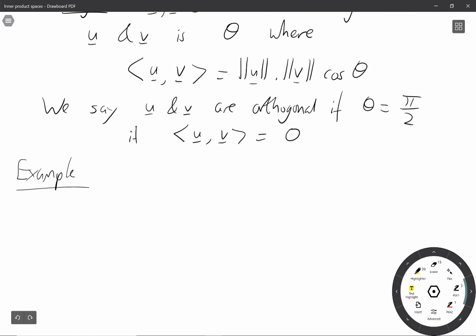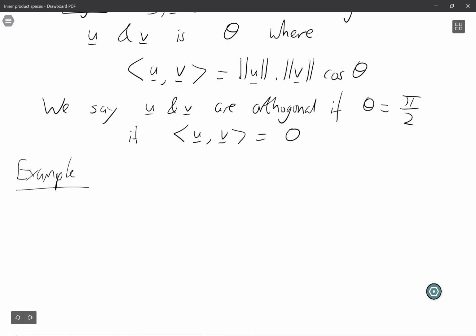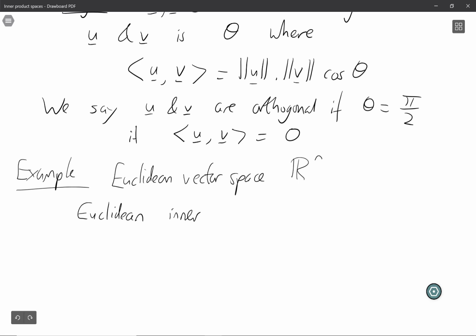Pretty much exclusively in this module we'll be working with Euclidean vector spaces, which we can think of as R to the n for some n, just vectors of length n. And in that case, we use the Euclidean inner product, the inner product between u and v, which is just u transpose times v.